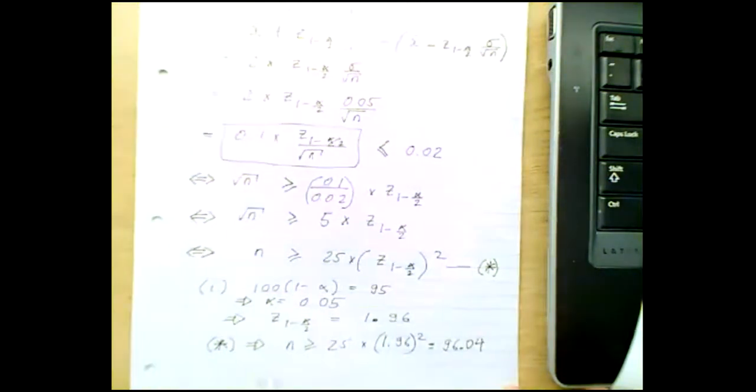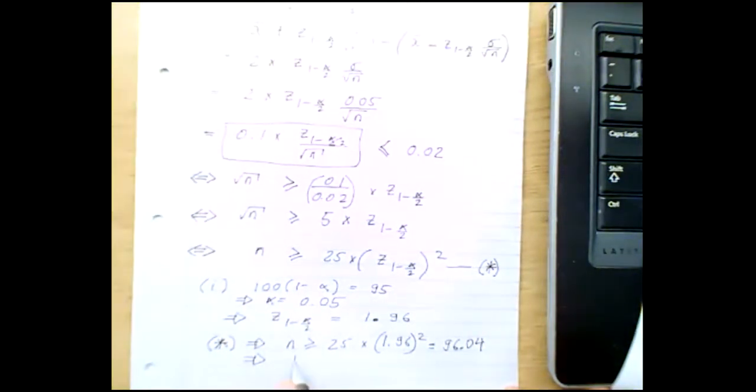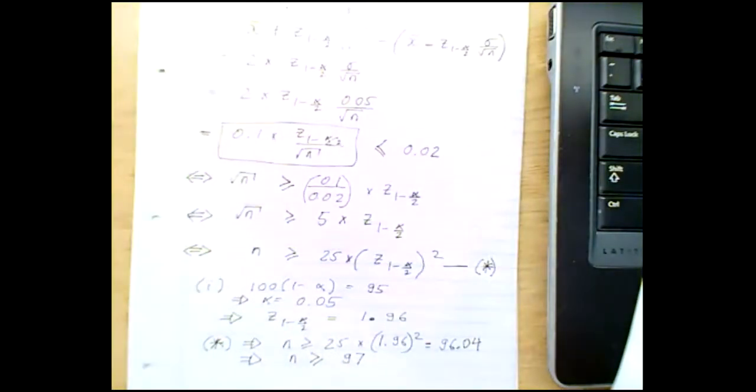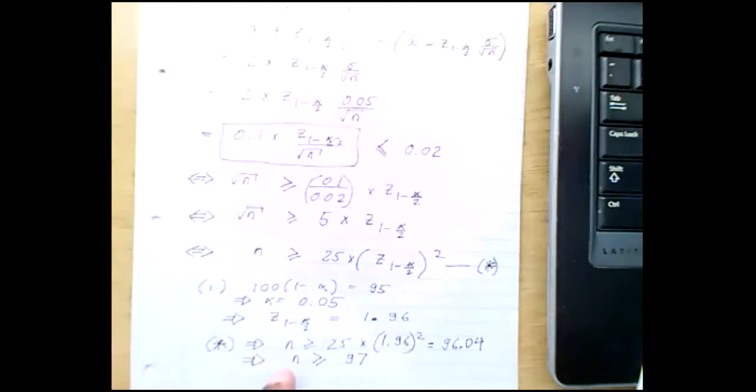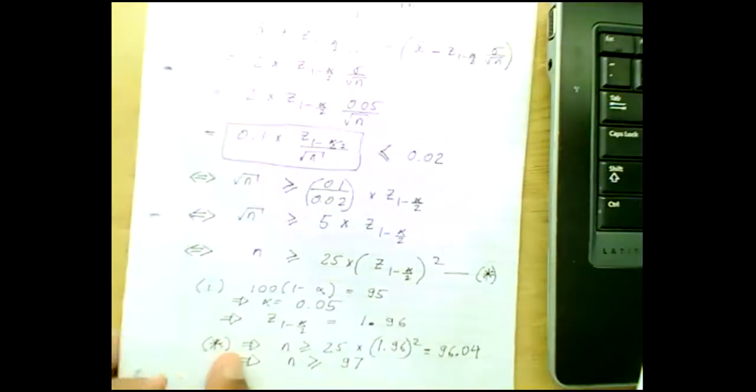So n must be greater than or equal to 97. That's the first part of question 5.